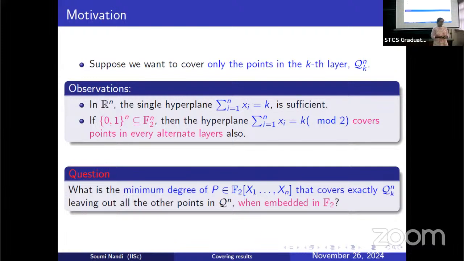When we are considering the cube embedded in F2, then k or n by 2 should be omega n, right? At least n by 2, yes. We can use the polynomial method again, now over F2.